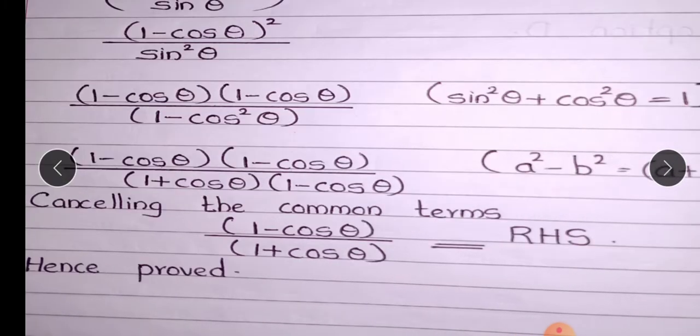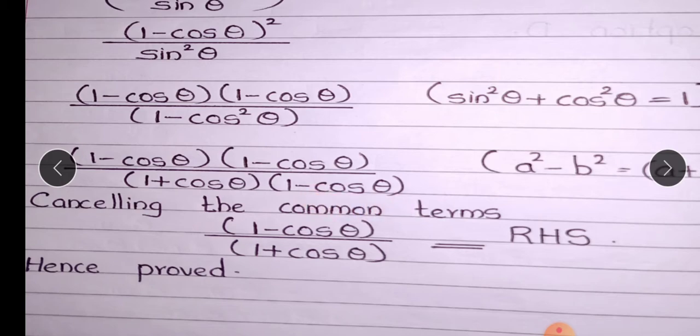So taking a square as 1 and b square as cos square theta, I can write 1 minus cos square theta as (1 plus cos theta) into (1 minus cos theta).